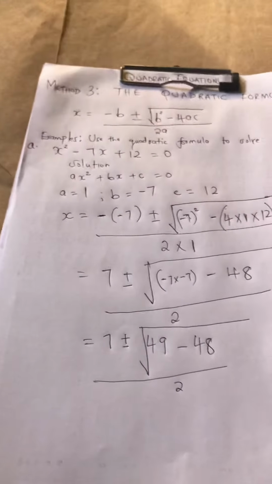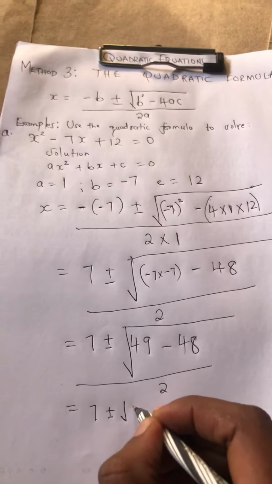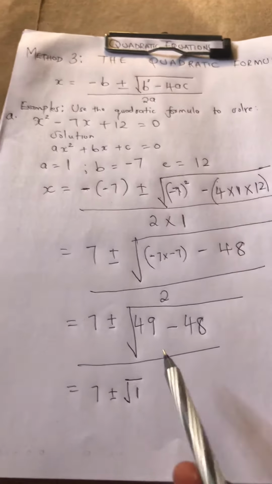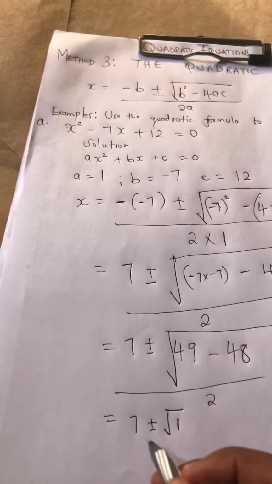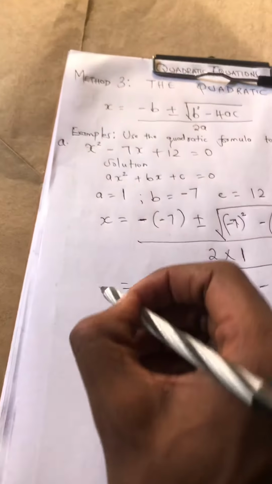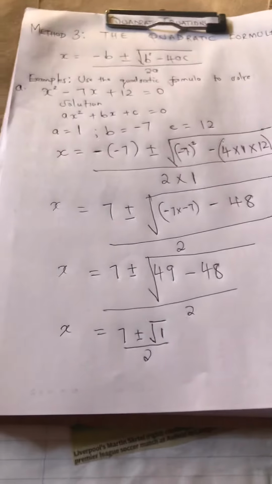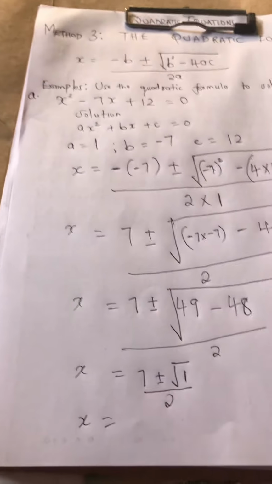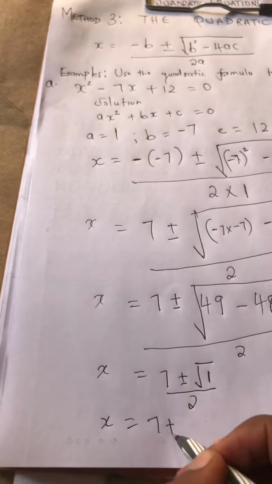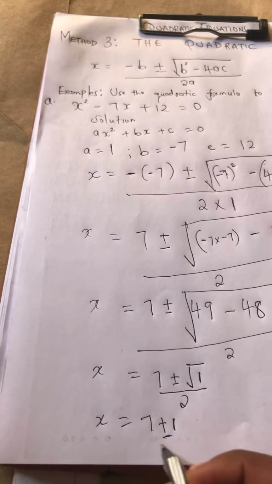All that will give us x. So this is equals to 7 plus or minus the square root of 1, because 49 minus 48 is 1, then divide by 2. Therefore x, remember hapa kote ni x, we are looking for x. Okay, therefore x will be equal to 7 plus or minus 1 over 2.